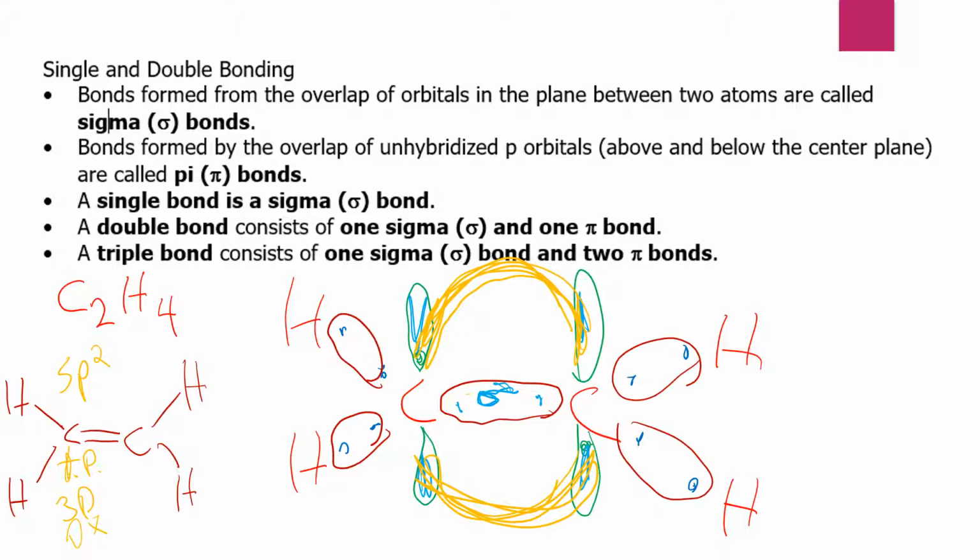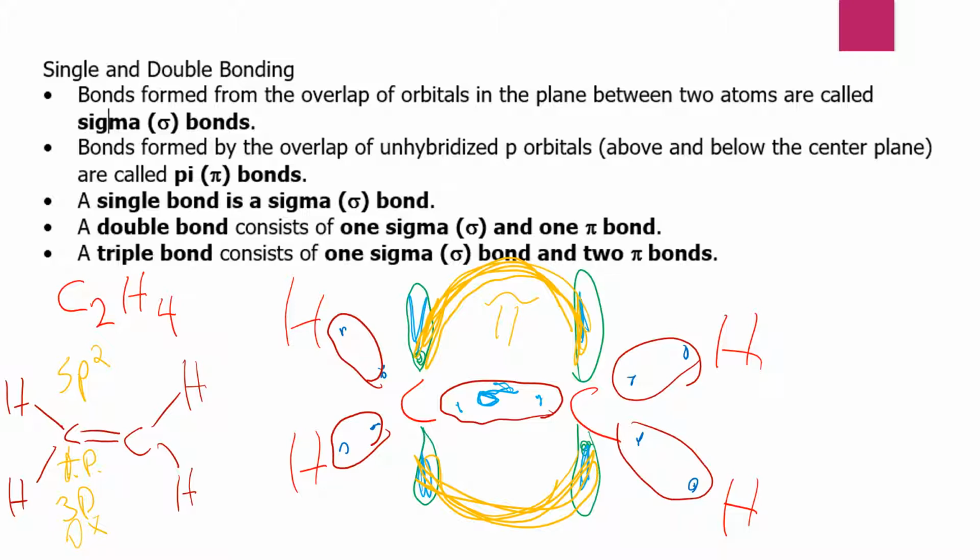They can't go through this space in the middle because that space is already occupied by 2 electrons. And as we know by the Pauli exclusion principle, you can only have 2 electrons inside an orbital. So the pi bond is the second bond that forms.